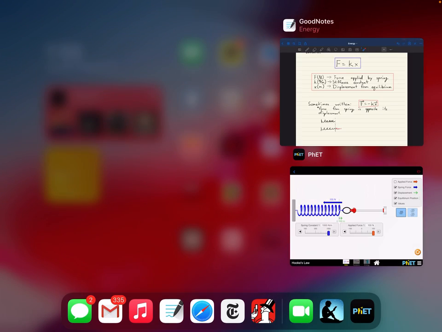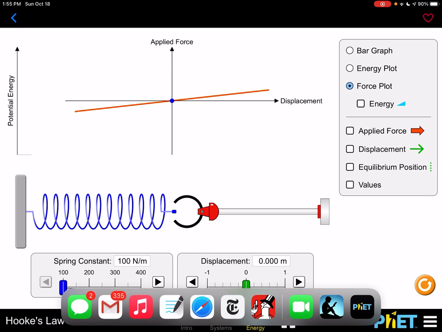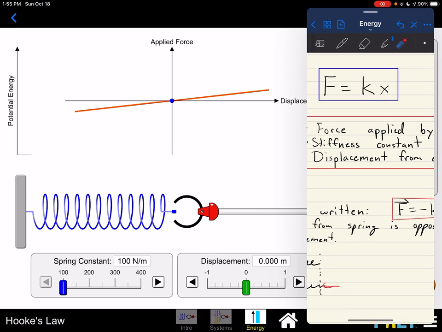Maybe another useful thing is to look at this other version of this simulation. This one actually shows us a graph, right? So we have a spring here, and it shows us that we have a linear relationship between the displacement and the force applied by the spring. So it makes sense, right?